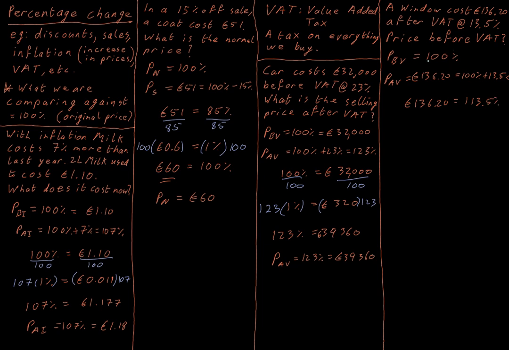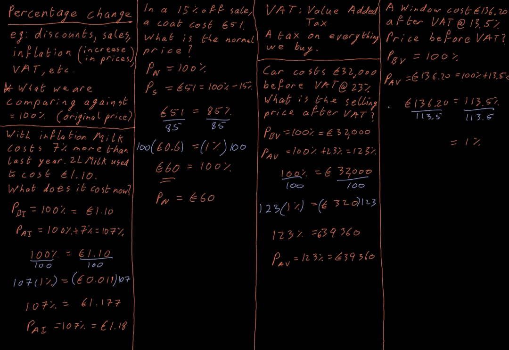And now we need to find out what 100% is, what our price before this 13.5% was added on was. So as always, divide our percentage down. So we find 1%. So divide both sides by our percentage. 113.5 divided by 113.5 gives me my 1%. So we always find 1% and then go up to the percentage that we're interested in.